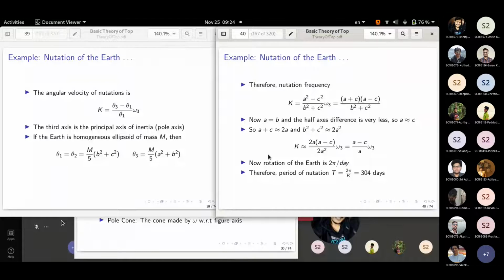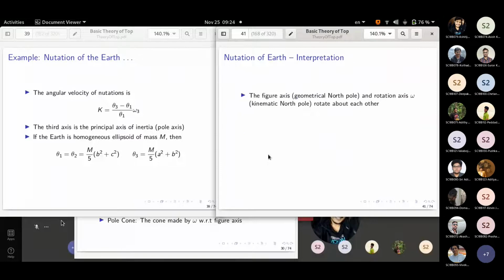People have made observations also. This figure axis is the geometric north pole, and the rotation axis is your kinematic north pole. They rotate about each other. This experimentally measured period is around 433 days.